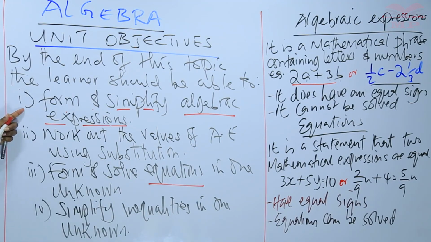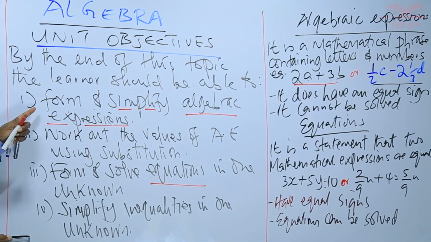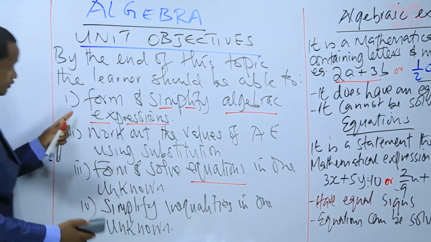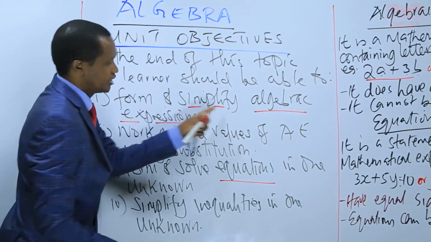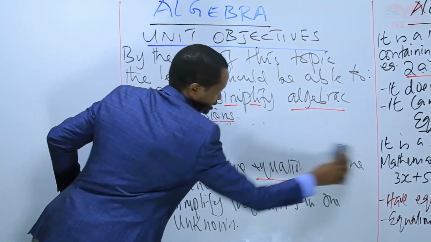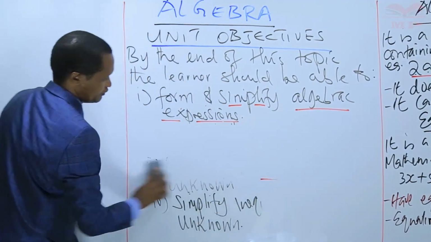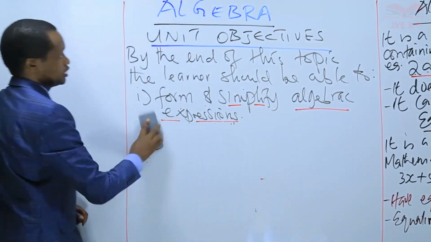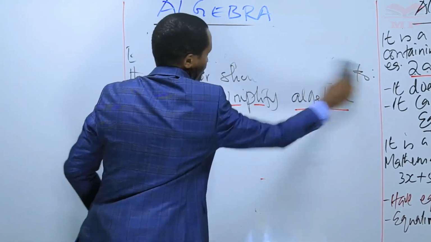we are going to try and achieve the first objective, which is to form and simplify algebraic expressions. Form and simplify. So allow me to just do away.